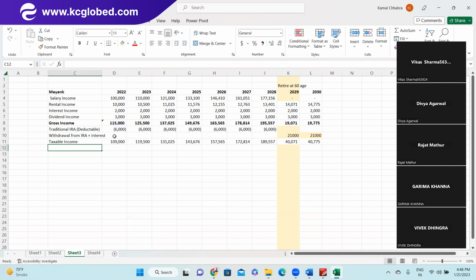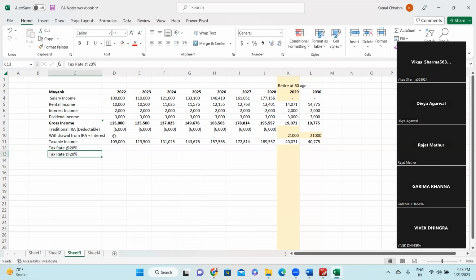And if the tax rate while you are working is, let's assume, a 20% bracket, and after retirement, let's assume you got a 10% bracket, so your tax here is this multiplied by 0.2.